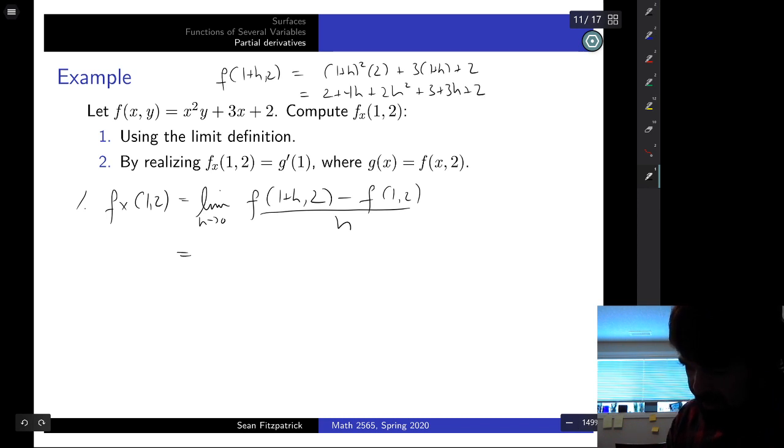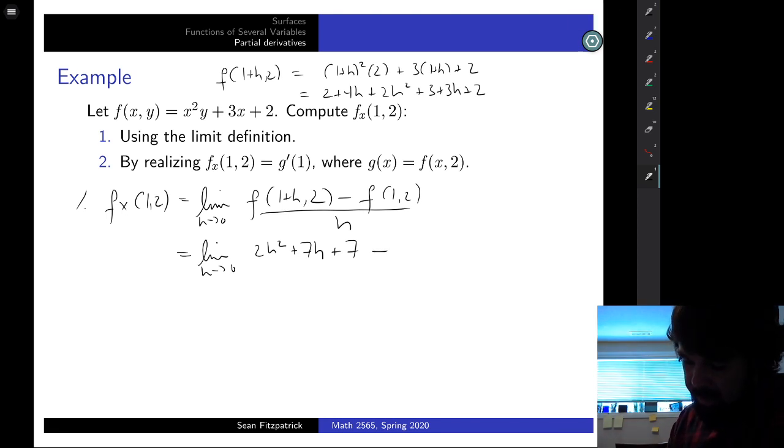I'm going to clean that up down here. So I have 2h squared plus 7h, plus 2 plus 3 plus 2, which is 7. On the other hand, f(1, 2), if I just put x equal to 1, y equal to 2, I'm going to get 2 plus 3 plus 2, I get 7, over h, right?